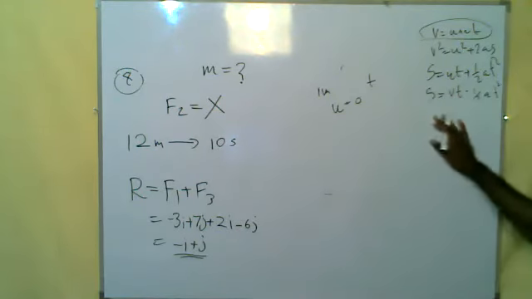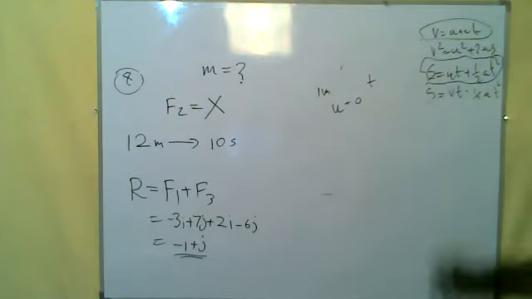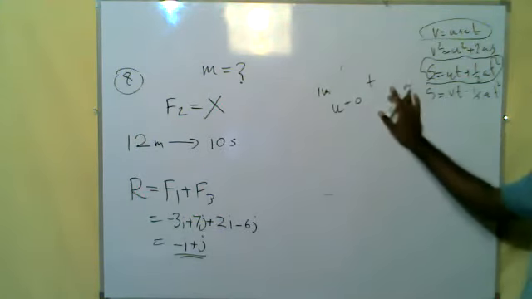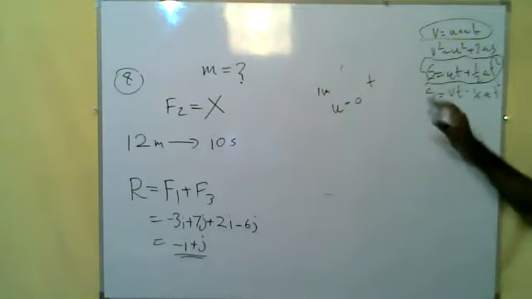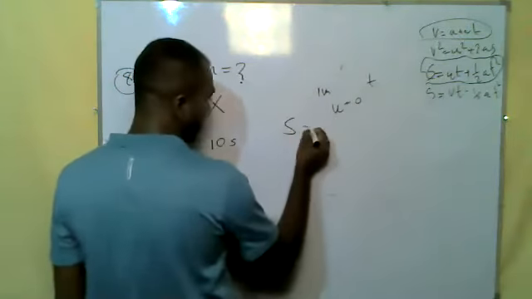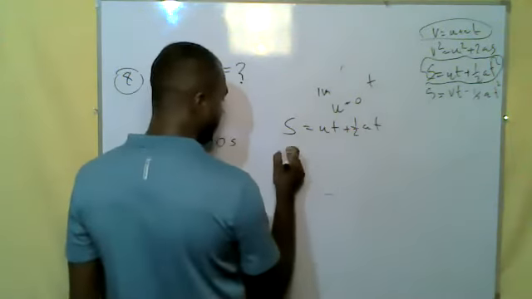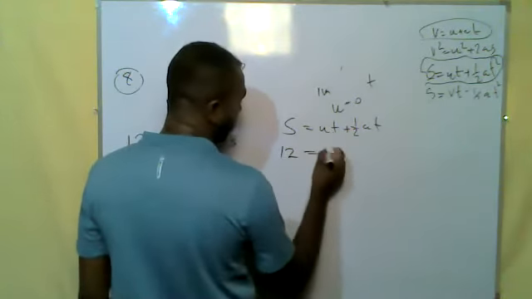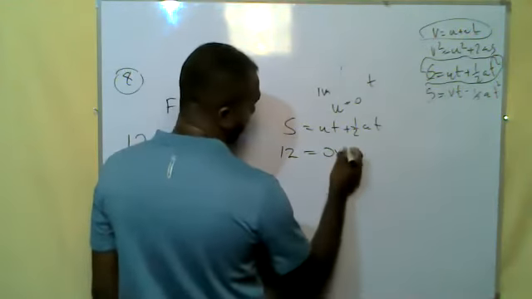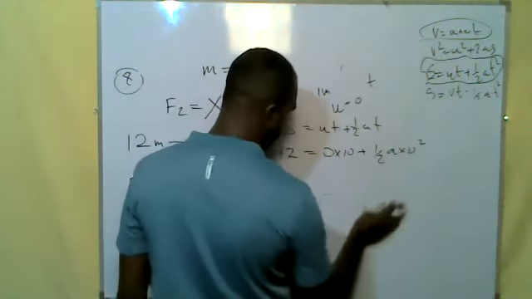So what is the equation? We can go for S equals ut plus half at squared. Depending on the data, we are thinking which equation to apply. So I am going to apply S equals ut plus half at squared. How much is the distance? 12. And initial velocity is 0 times 10 plus half times the acceleration times 10 to the power 2.